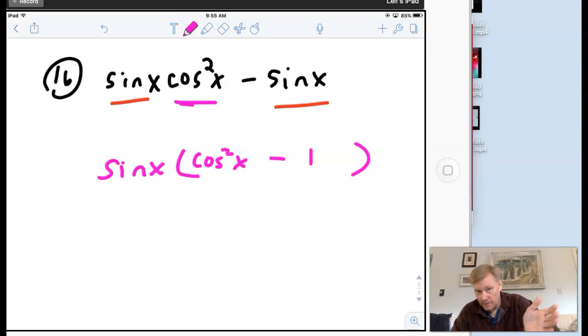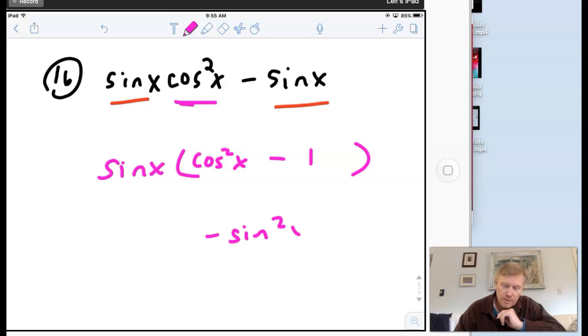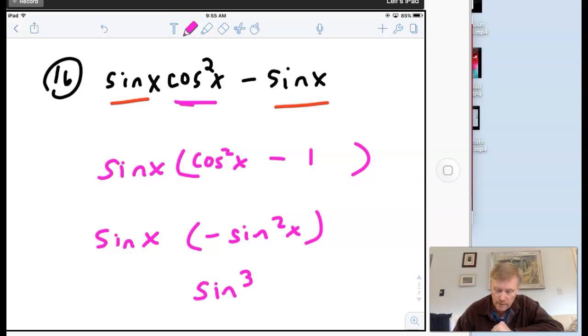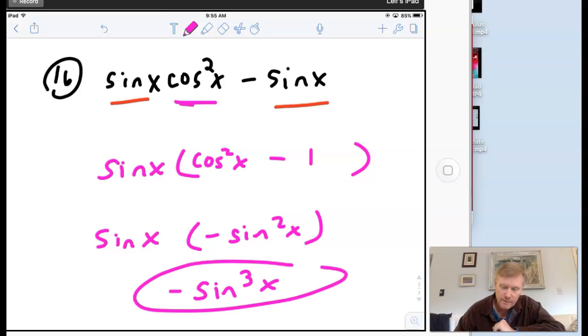So therefore, if I switch the order, cosine squared minus 1, you get negative sine squared of x. Okay, so I've got sine squared times regular sine gives me sine cubed of x, and it's negative, and that's my answer.